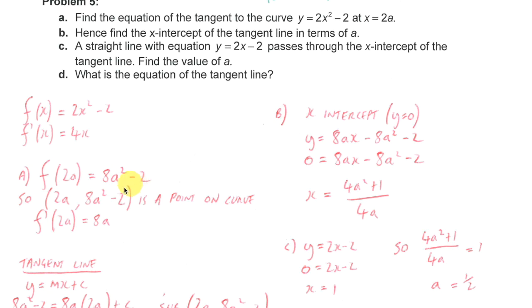So now I know that 2a, comma, 8a squared minus 2 is a point that is on the curve, and that point is, of course, also on the tangent line. I now substitute x equaling 2a into the derivative, and I get a gradient of 8a. So I know the slope of the tangent line is also equal to 8a.